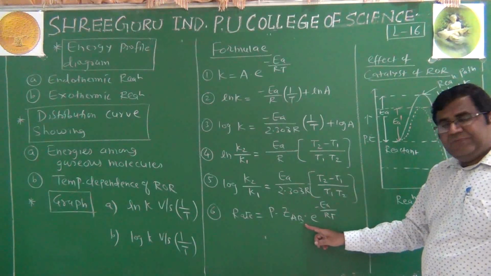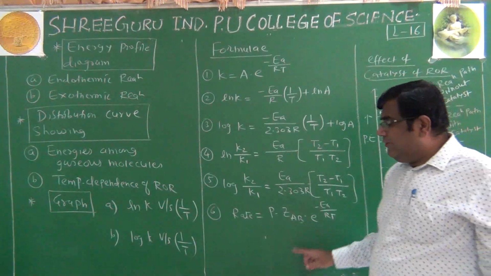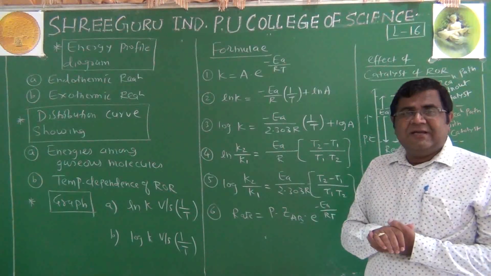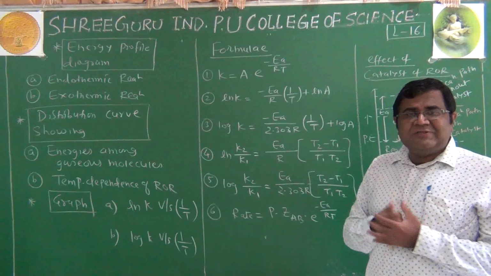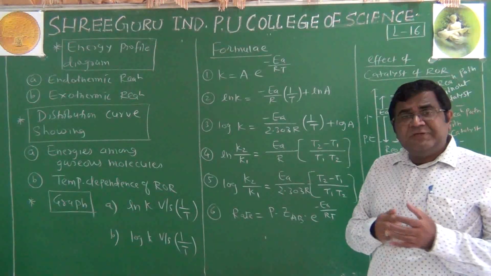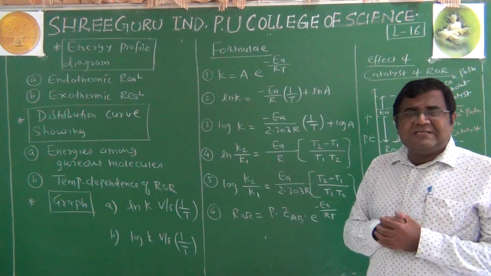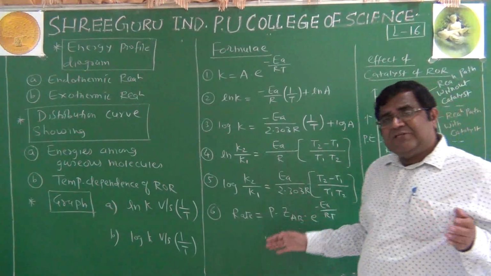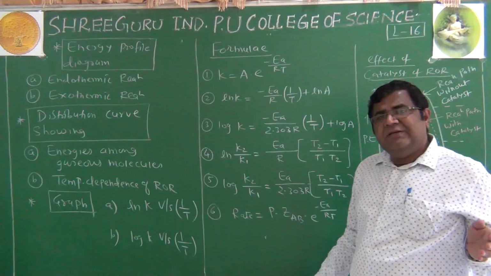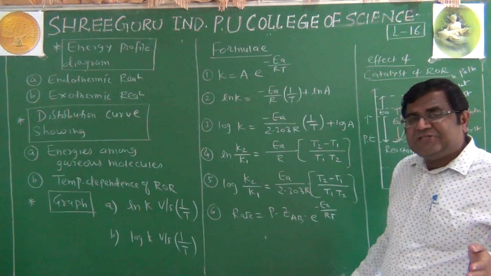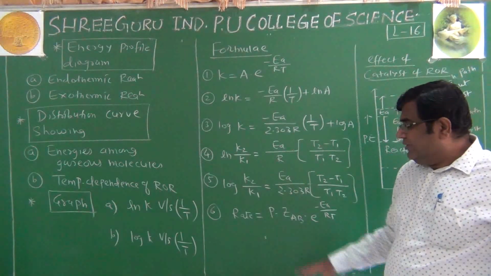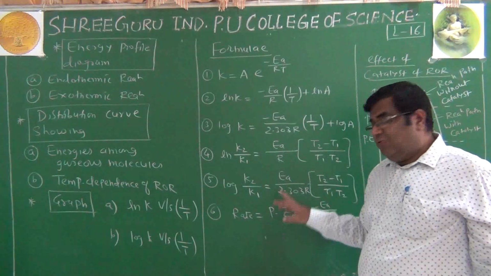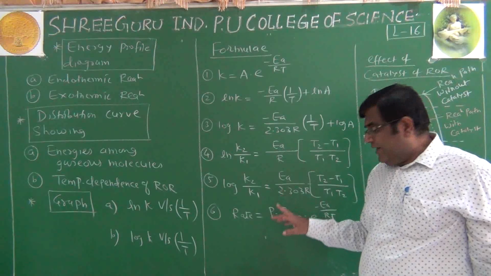This equation is the outcome of collision theory of chemical reactions, which is based on kinetic theory of gases, assumes that reactant molecules are hard spheres and ignores their structural aspects, which is a drawback of that theory. If we have reaction A plus B gives product, that is an elementary reaction, bimolecular reaction, then rate is equal to P, which is called probability factor, orientation factor, steric factor.